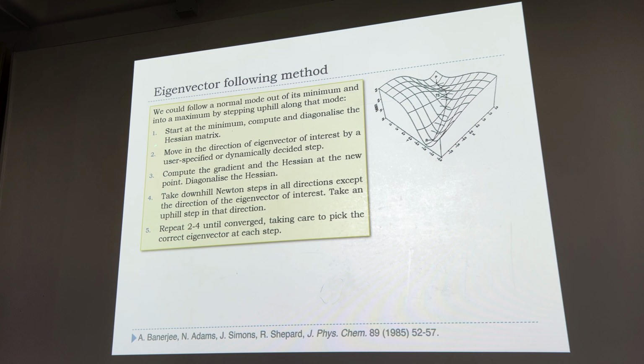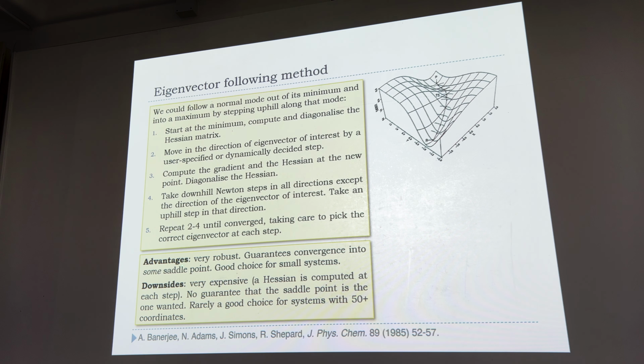We repeat these steps until we have gotten somewhere interesting. So pick a direction, step, reoptimize, step, reoptimize, step, reoptimize. Eventually you will get into that transition state, assuming you are careful enough with steering here.